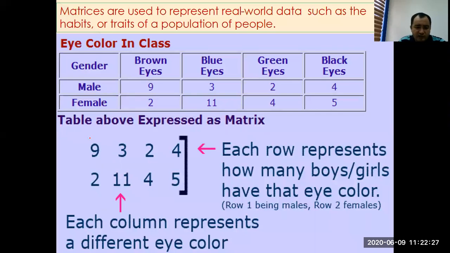And the first entry gives us the total number of brown eyes. Or another question, how many girls have green eyes in grade 10? In grade 10, we have 4 different classes. I know this table, and I can display this in matrices. You can just add, right, and give the answer. Okay, this many students or this many girls have green eyes. That is one application of using matrices.